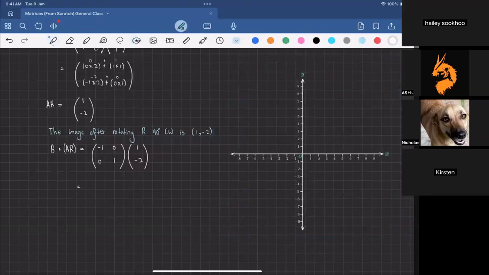So Nicholas, what was the original point? It was 2, 1. And after you rotated 90 degrees clockwise, what was the point you got? 1, -2.